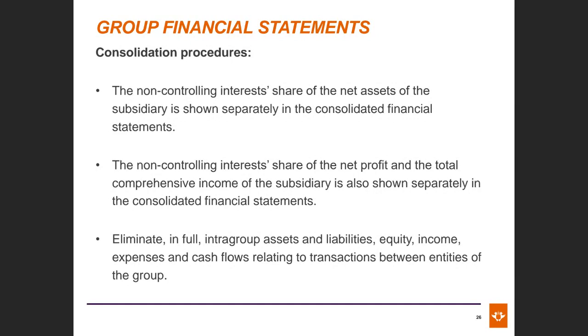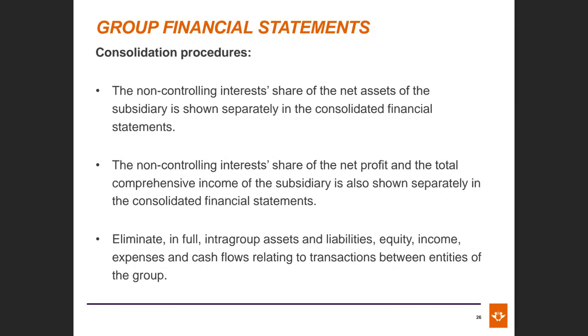It's usually called NCI, and it shows that even though we have a parent and a subsidiary, the subsidiary could be owned by other owners as well. It's really apportioning the share of net assets attributable to the non-controlling interest. These are like minority shareholders.